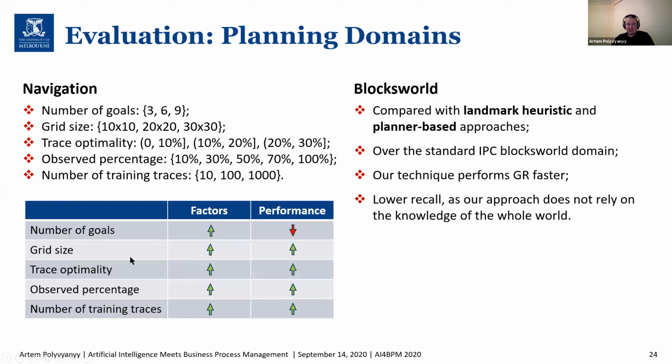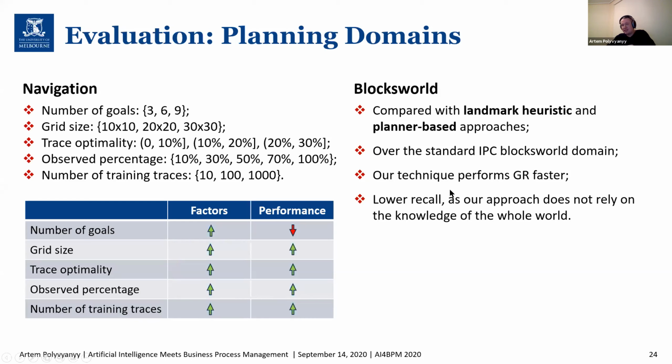But if we increase the grid size, for example, then the world becomes more sparse, it's easier to do goal recognition, so performance goes up. The more optimal the traces are, the less they deviate from the optimal trajectory, the better the performance. The higher the percentage of observations, the better the performance. The more training we do, the better the performance. So these are the kind of observations we had.